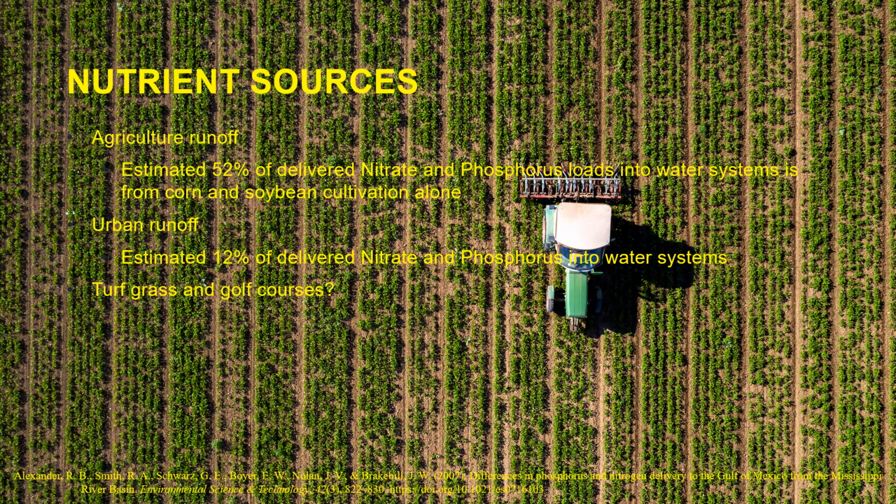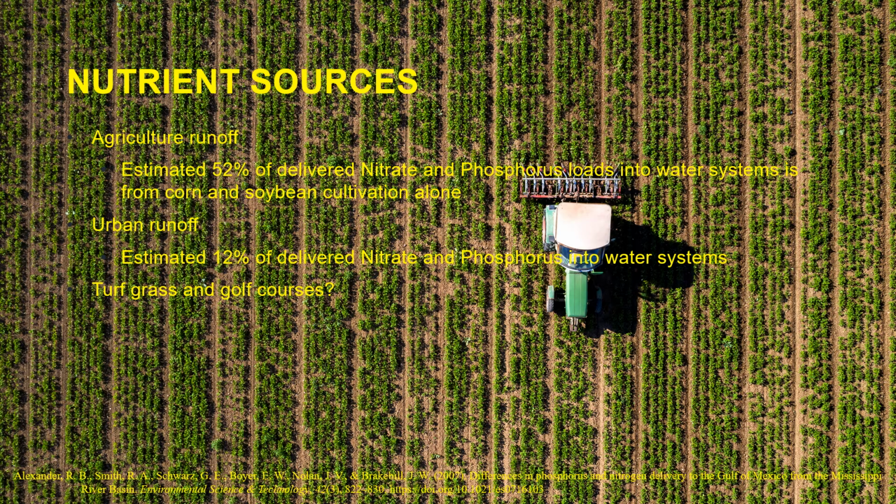Now that we've discussed the causes of hypoxia and how eutrophication occurs and why nutrient sources are an important driving factor of eutrophication, it's important to understand where these nutrient sources come from. And the main culprit, as we've alluded to earlier in the presentation, is agricultural runoff.